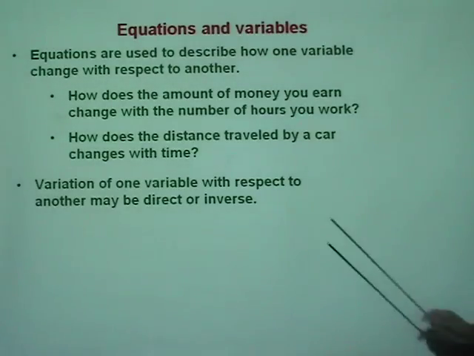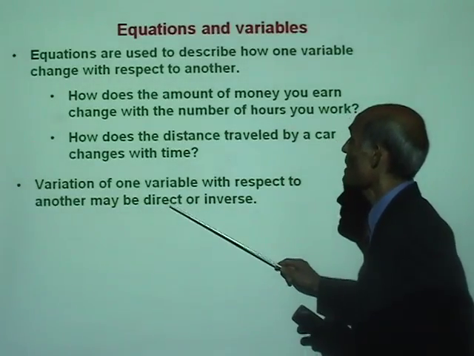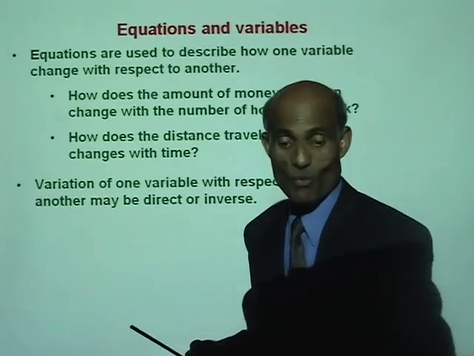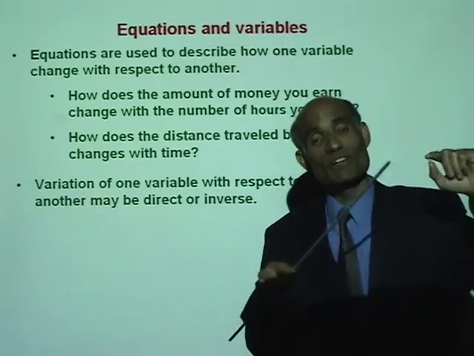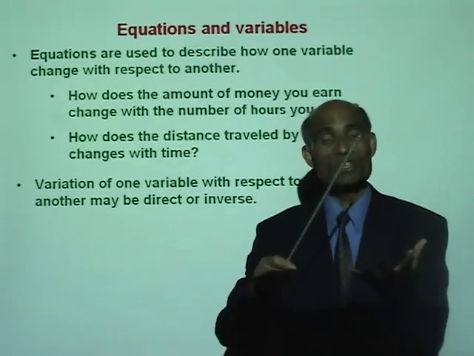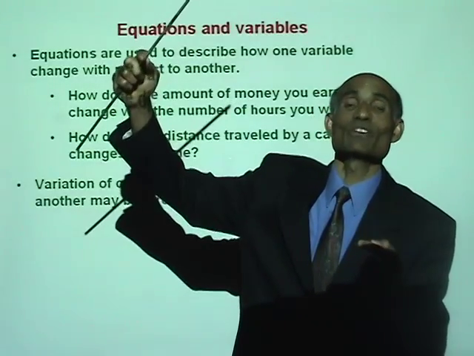Okay. Now, variation of one variable with respect to another may be direct or inverse. What is the difference between a direct variation and an inverse variation? In a direct variation, when one variable increases, the other also increases.